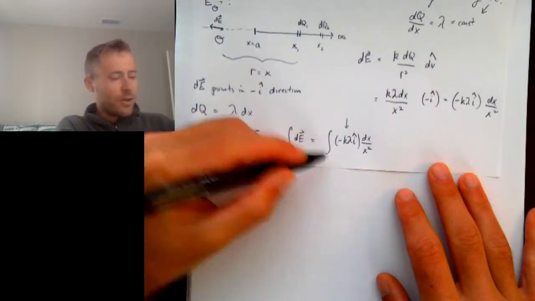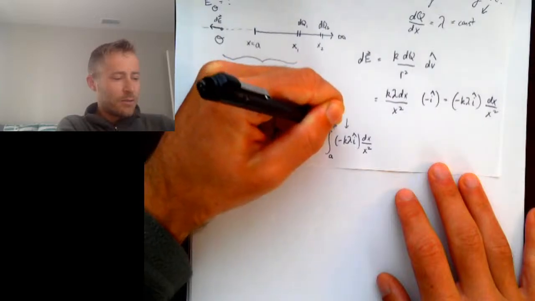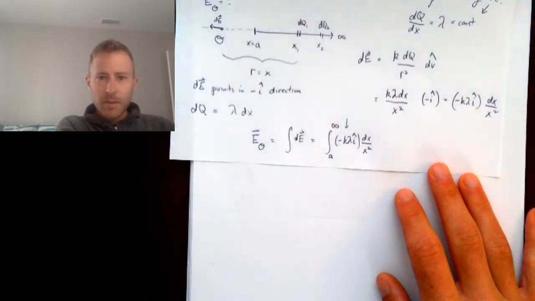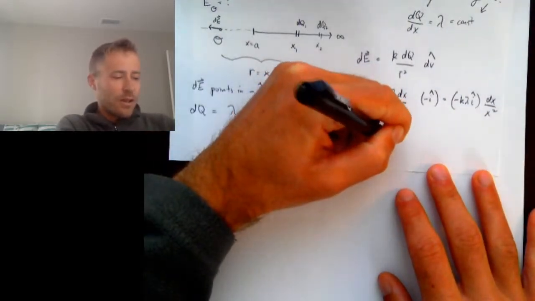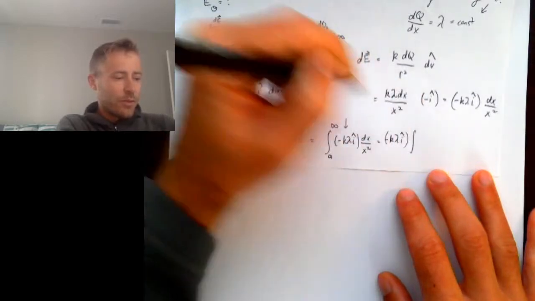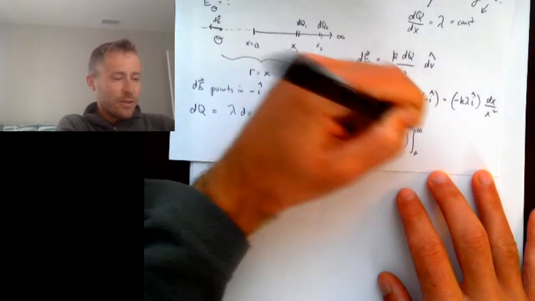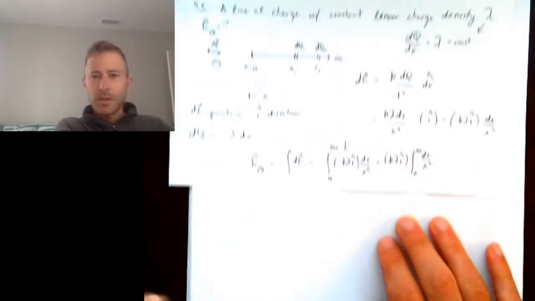So this integral is going to have limits from a to infinity. So I'm going to factor that out, and I have minus k lambda i hat times the integral from a to infinity of dx over x squared.